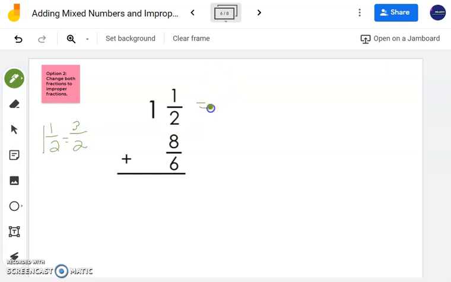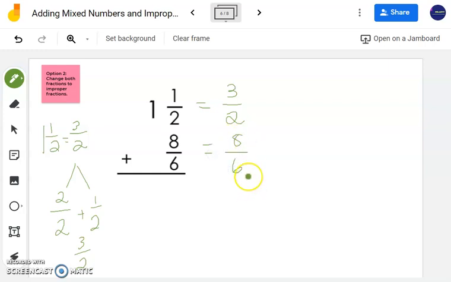Now 1 and 1/2 can also be represented as 3/2. Now just to prove that this is another way to represent this, we can represent 1 as 2 halves, or 2 divided by 2, plus 1/2, which also now gives me 3 halves. So again, there's several different ways to convert your mixed number to an improper fraction. Here I have 3 halves, and now I have 8/6.